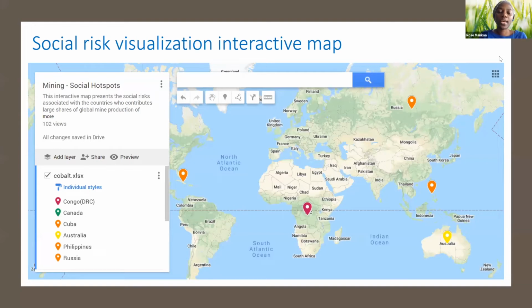And an important aspect, the last part of what I wanted to say, is that as this is a hotspot analysis, it's an indication of risk. What is important at company level or at product level is that the social life cycle assessment is applied at product level, and then you can compare the results with the hotspots.